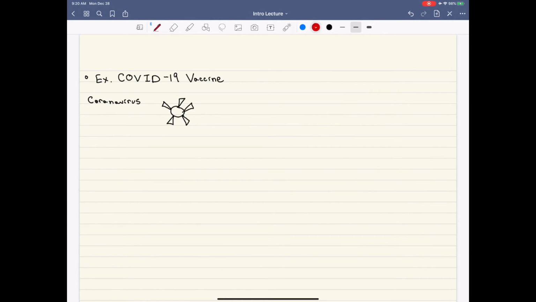Okay? And these spikes are important for the function of the virus because they help the virus trick its way into cells. These spikes sneak the virus into the cell, essentially.